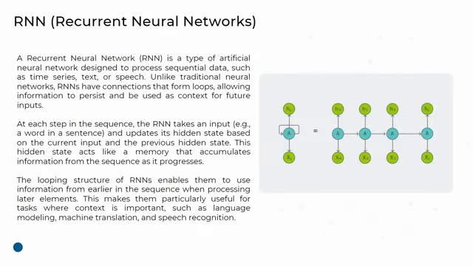Next we have the recurrent neural network. So what exactly is a recurrent neural network? It's a type of artificial neural network designed to process sequential data like time series, text, or speech data. We know that the text we are feeding here is sequential data. It is going to learn the pattern in that sequential data, and based on that it is going to predict the next word.